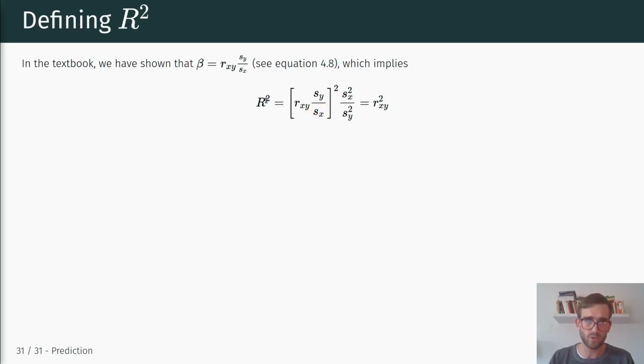So what we show by plugging this in is that R squared in the bivariate case is equal to the square of the correlation coefficient between x and y.